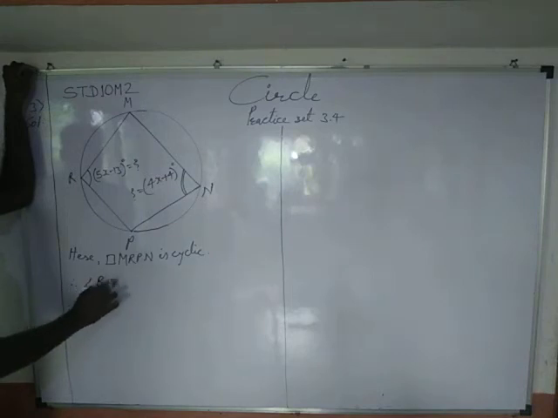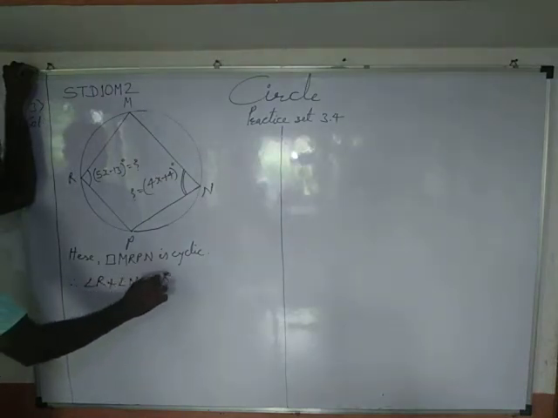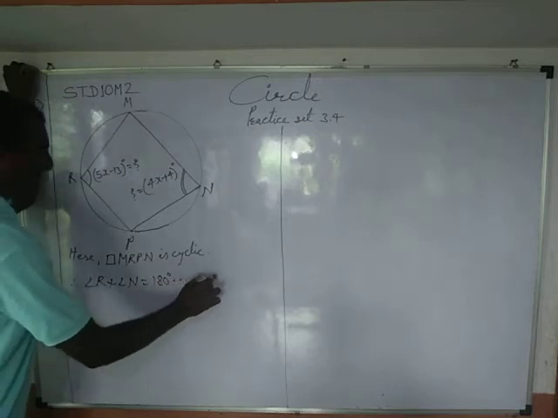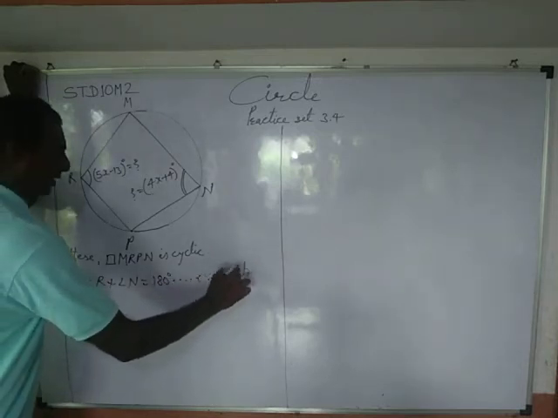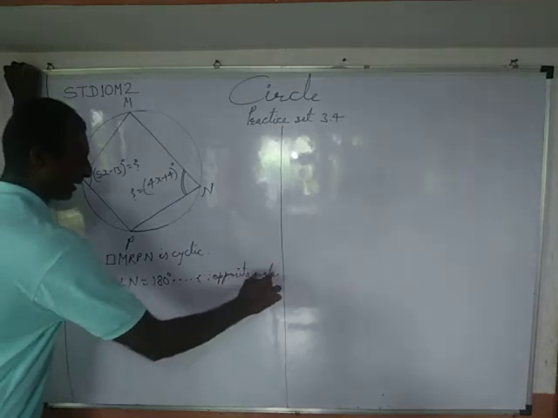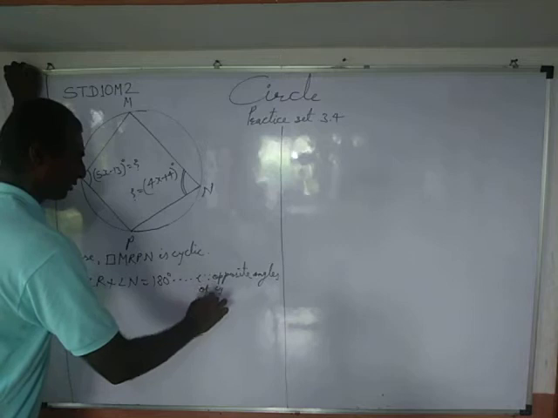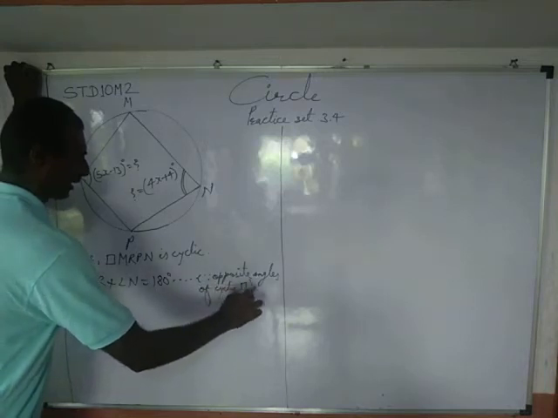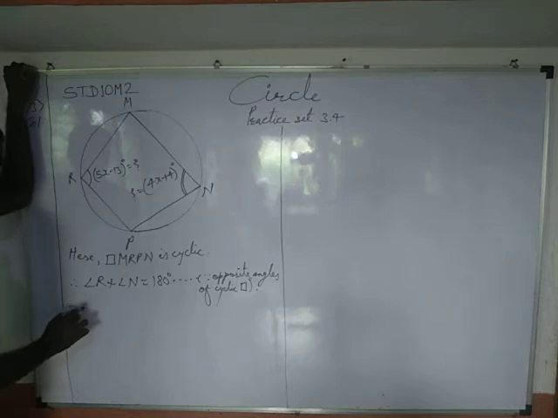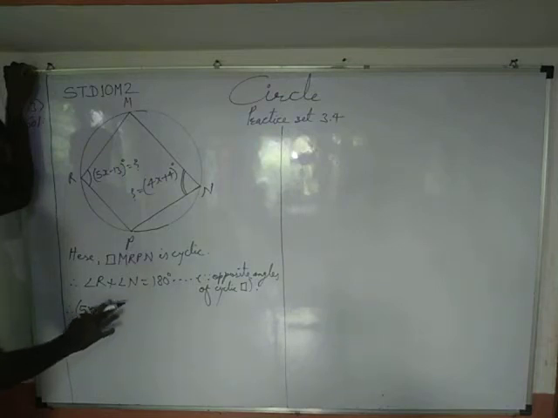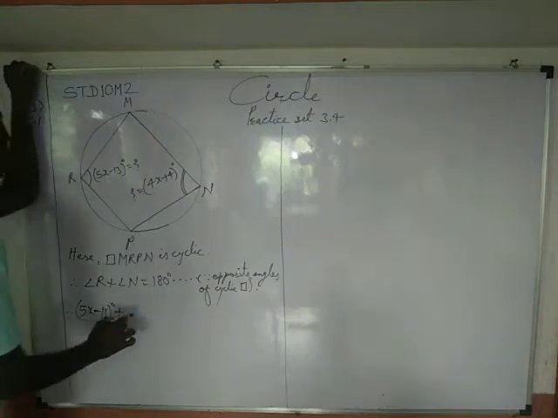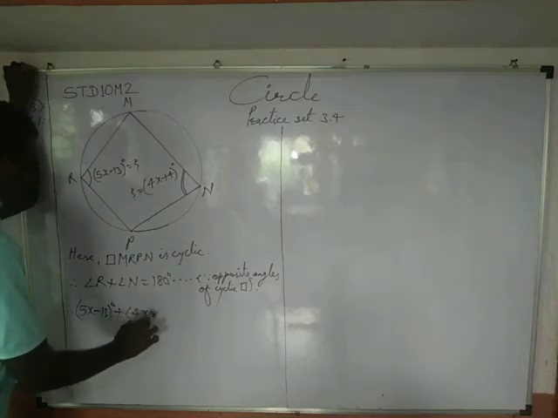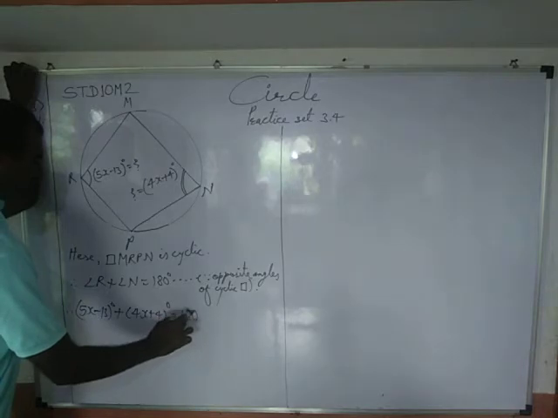Therefore, angle R plus angle N equals 180 degree, since opposite angles of cyclic quadrilateral are supplementary. Therefore 5x minus 13 degree plus 4x plus 4 degree equals 180 degree.